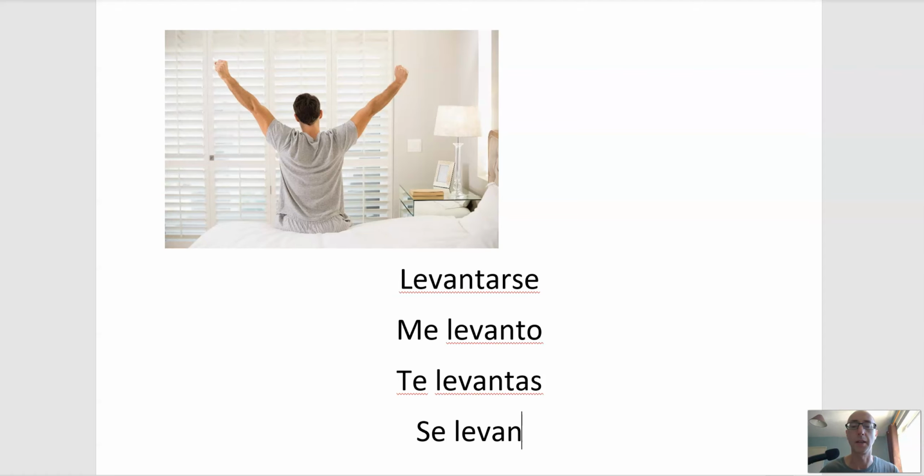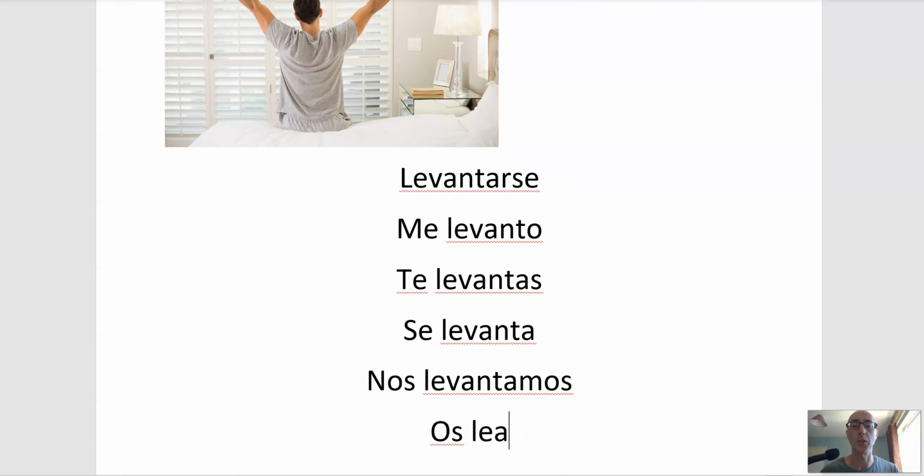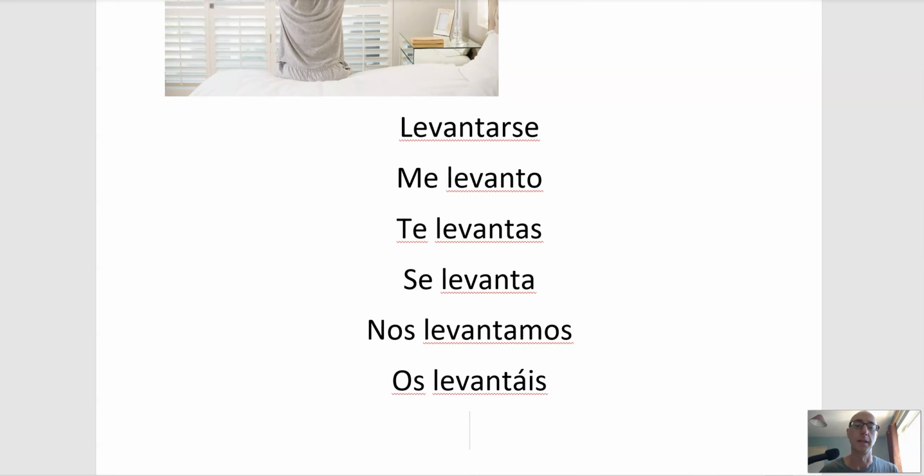Se levanta. We get up. Nos levantamos. Os levantáis. Se levantan. Se levantan.